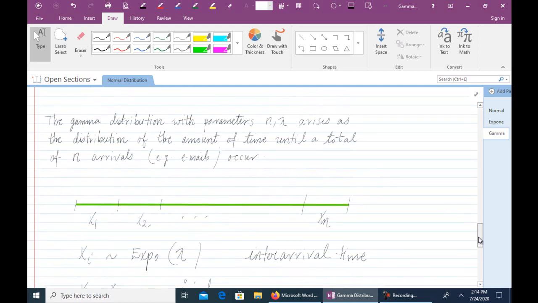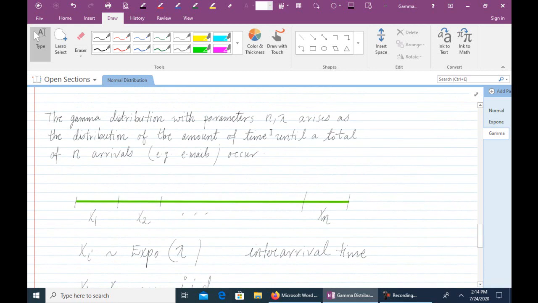Now the gamma distribution with the parameters n and lambda arises as the distribution of the amount of time until a total of n arrivals occur, like n emails or earthquakes.